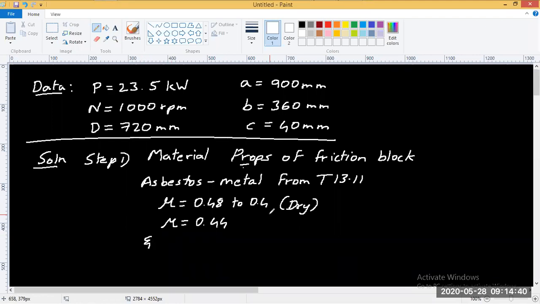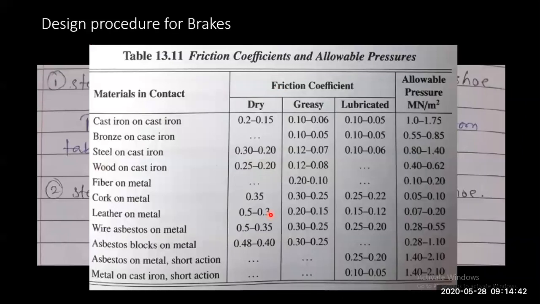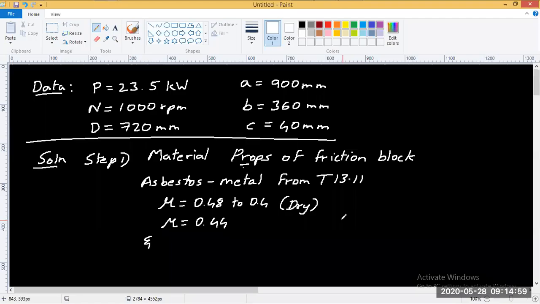And let's say the next thing is pressure. Let's go back to pressure. Yeah, allowable pressure. Since we have assumed this condition here, it is 0.28 to 1.10. Okay, so halfway between this, I can also take, let's say this is the allowable pressure.